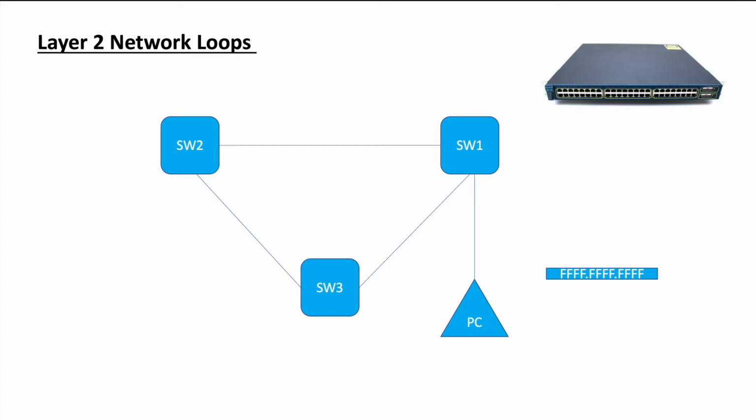I'm going to do a simple, very basic concept in computer networking, which is called layer 2 network loops. If you're a beginner in CCNA or in the computer networking world, this is the thing you will start learning about after completing the very basic things, like what an IP address is and how a network looks.